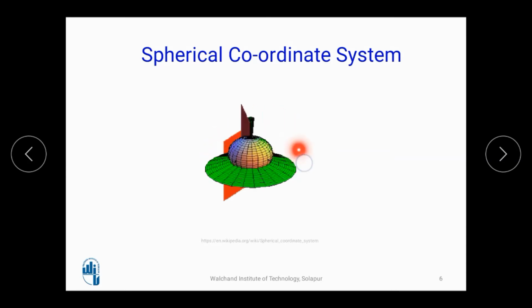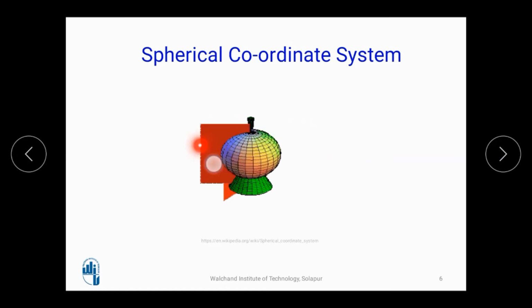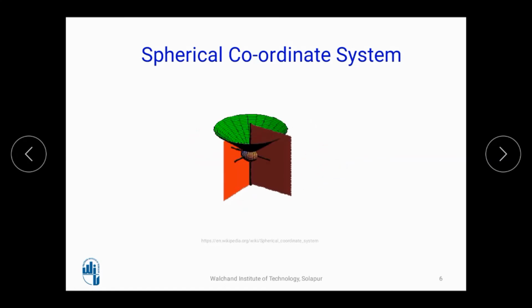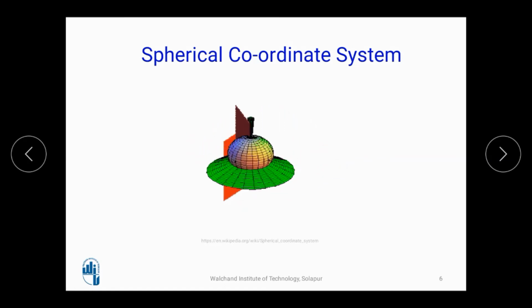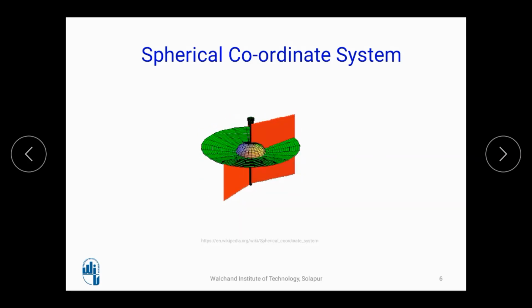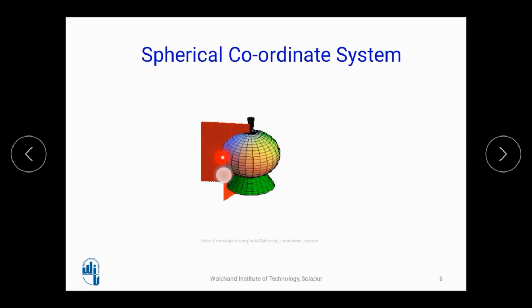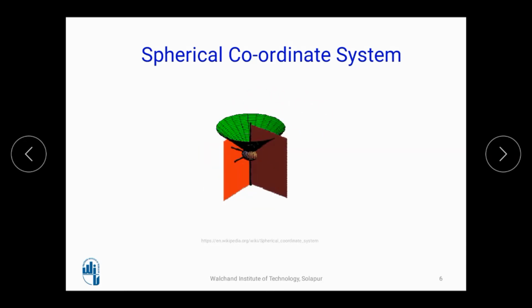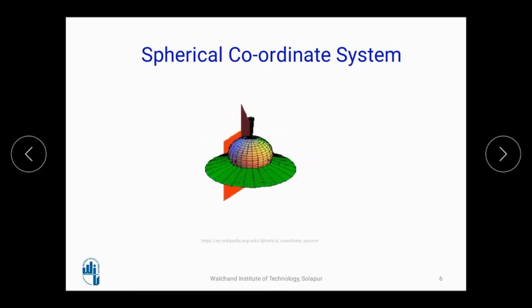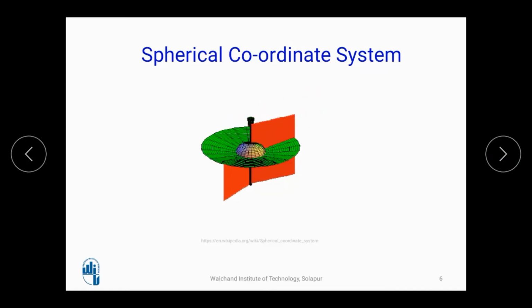The one shown in green color is nothing but a cone. I cut the sphere like this, it forms a cone with respect to origin. So see the animation which is showing r, this red one is showing the phi constant plane, and green is showing us the theta constant cone.